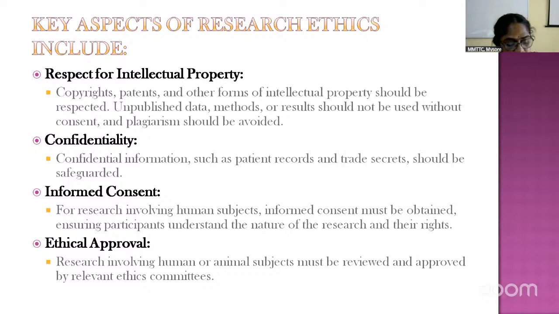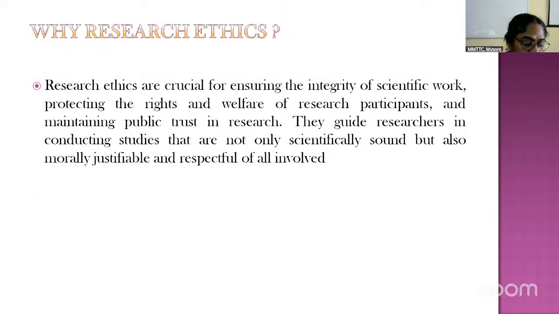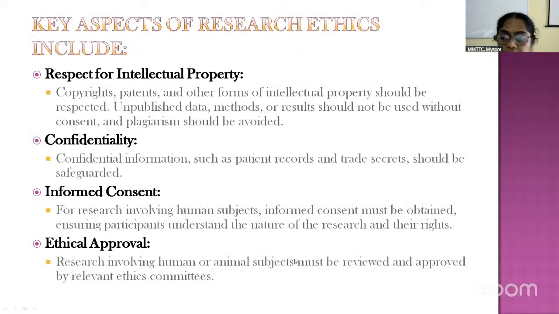And the researcher must be truthful in their methods, data, and reporting of results, avoiding fabrication, falsification, or plagiarism, as I told in the previous slide. And if you go for research data collection, you should ensure that the participants understand the purpose, procedure, potential risks, and benefits of the research before agreeing to participate.